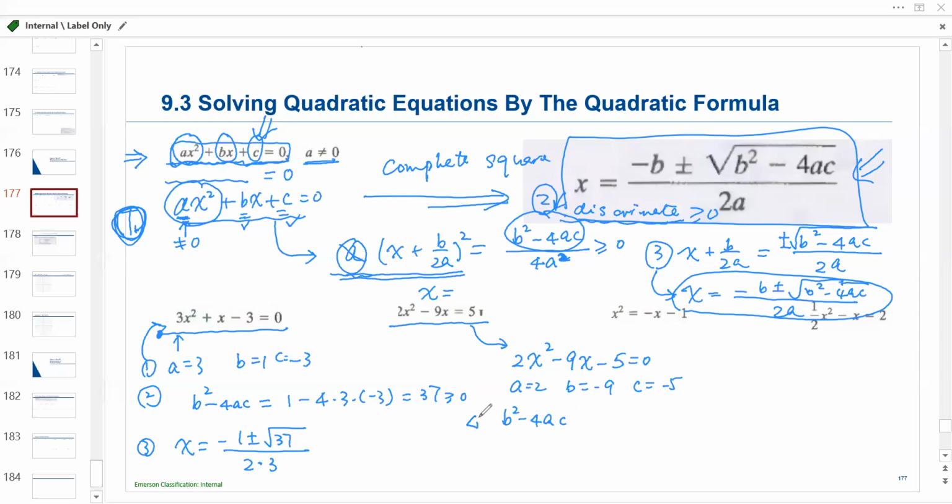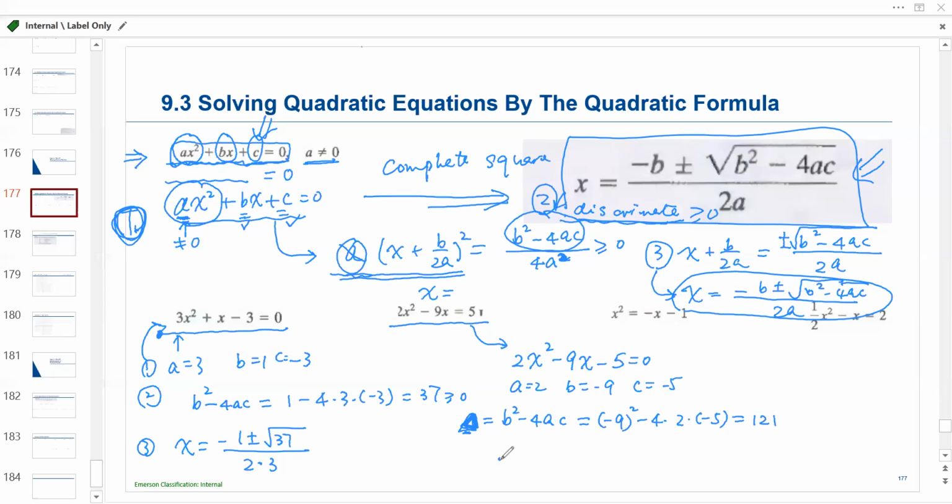Sometimes we use the symbol, not a square, but a small triangle, right? We always call it the discriminant. So you get -9 squared minus 4ac, that is 81 plus 40, so you get 121.